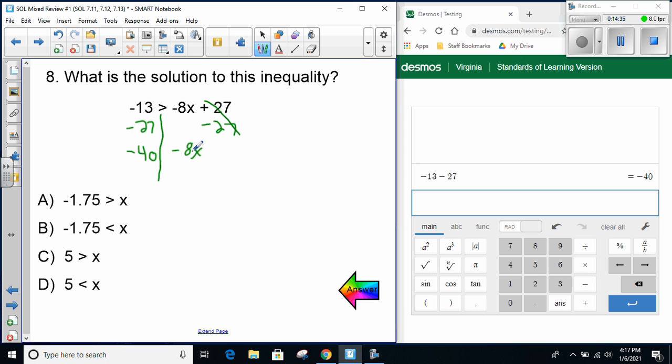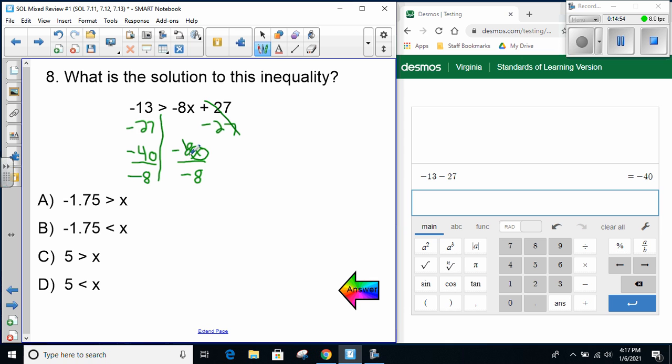Negative 8x means negative 8 times x. The opposite of multiplication is division, so we'll use division to get x by itself in step 2. We need to divide by everything in front of this x, so we're dividing by negative 8 on both sides.